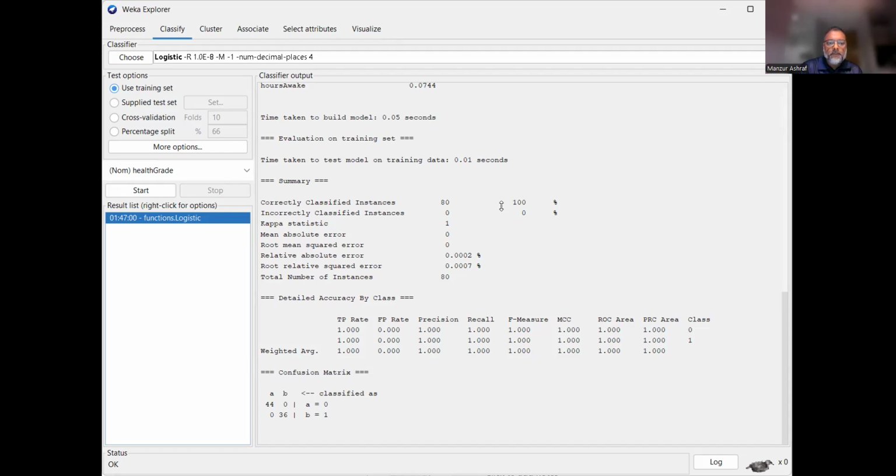The confusion matrix is also important, which means that in the confusion matrix, this is the true positive and true negative. So if someone is supposed to be in a particular group, particular grade, our algorithm predicted it correctly.